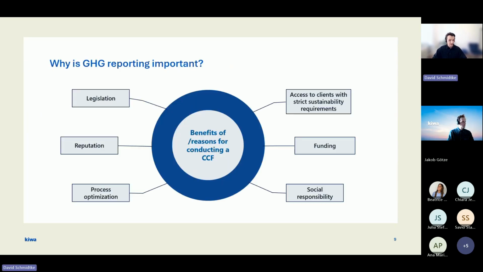So further benefits of conducting a CCF, because CCF is not only a compliance requirement, which we just talked about, but it can also be a strategic management tool. On the one hand, it can enhance the corporate reputation that you have, because we live in a society in which stakeholders focus on transparent, sustainable business practices.